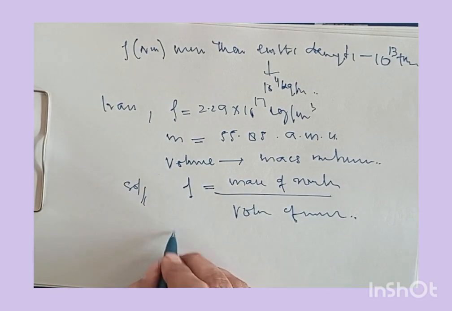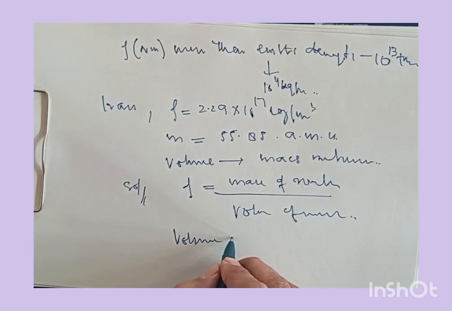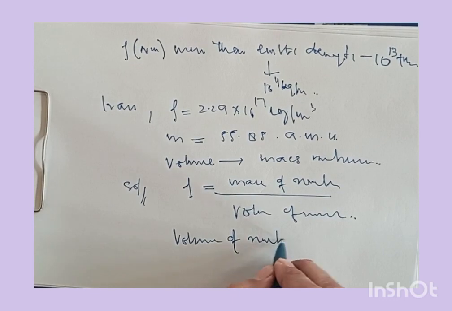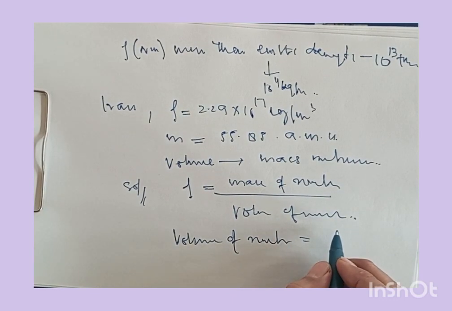So the volume of the nucleus will be the mass of the nucleus divided by the density of the nucleus.